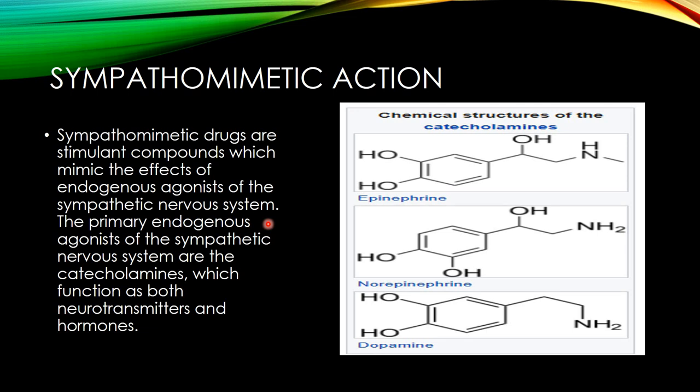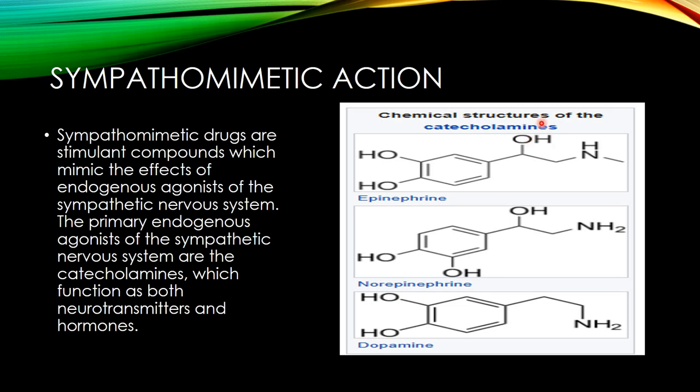First, the sympathomimetic drugs are mimicking the actions of the endogenous agonists, showing agonistic action. Second, it includes the various catecholamines. And third, these catecholamines act as both neurotransmitters as well as hormones.